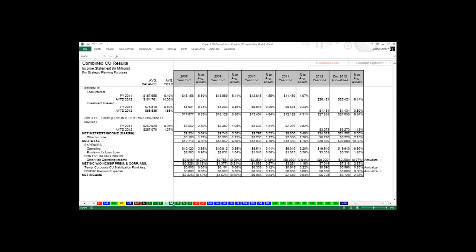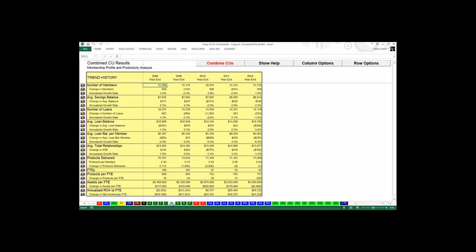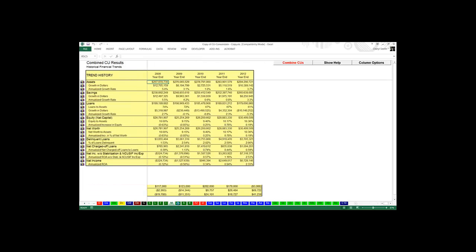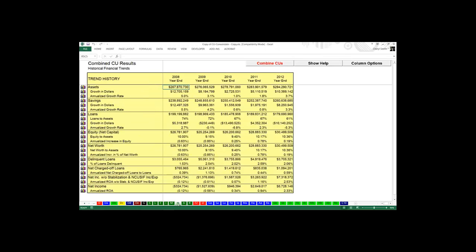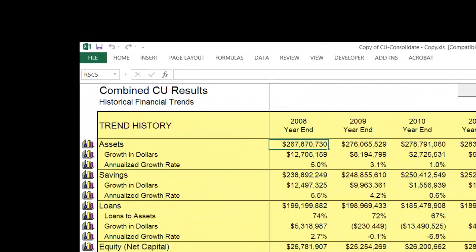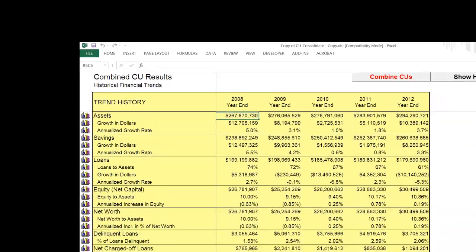CU-Consolidate also features a membership profile and productivity analysis chart, which helps you to review the trends your credit union has been experiencing. The H, or Historical Trends chart, is an excellent resource when planning long-term financial objectives. The purpose of the chart is to summarize the major financial trends during the most recent years. The Historical Trends chart shows actual assets, the dollar amount of growth, and the annualized growth rate of the credit union for past years.